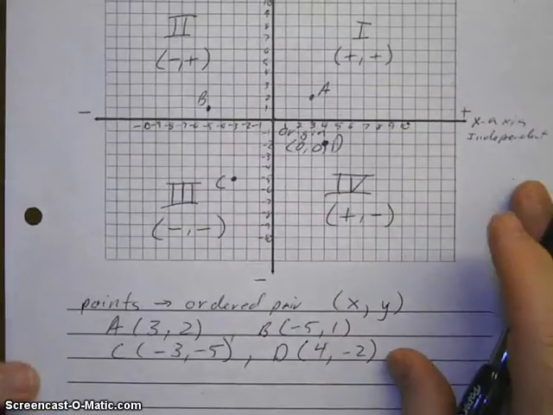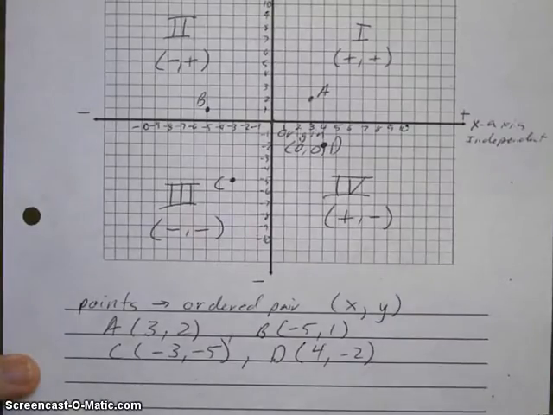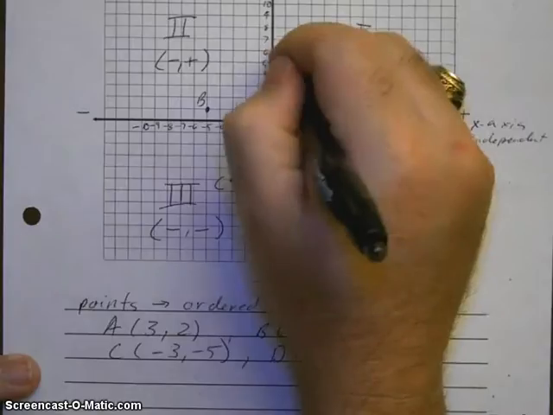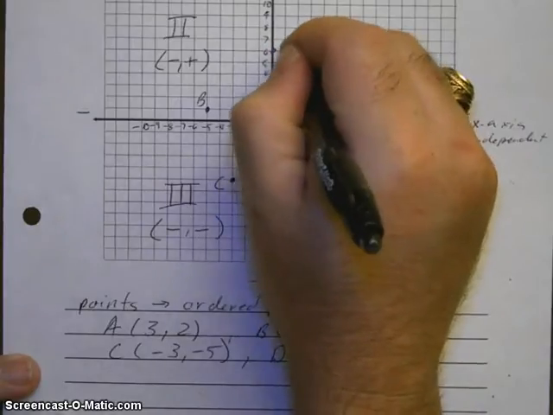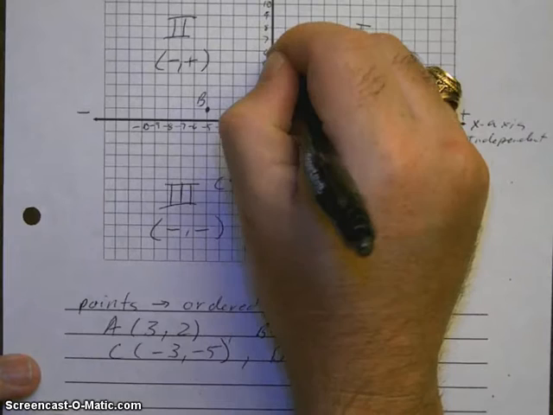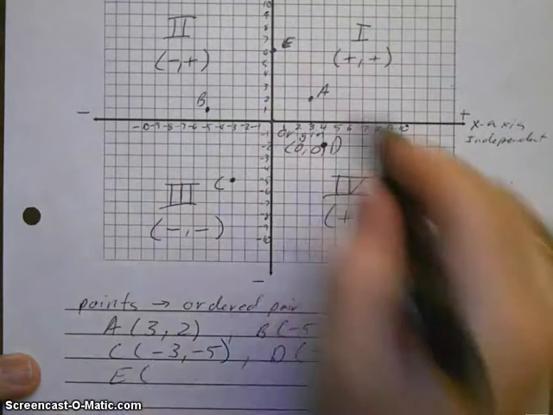Okay, so the other way we look at the points: if I need to identify a point on the Cartesian coordinate plane, for example, if I said this point right here was E, and I want to identify those coordinates for E, I first would do the x value.